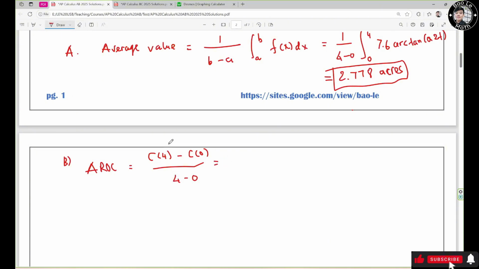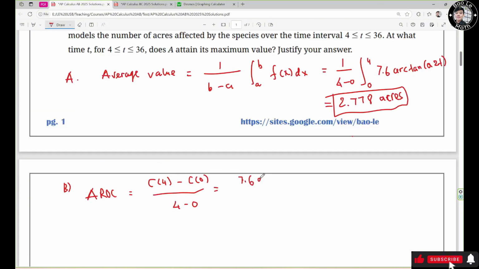So it's going to be, multiply by 4, subtract 7.6 tangent of 0.2, multiply by 0, divide by 4.